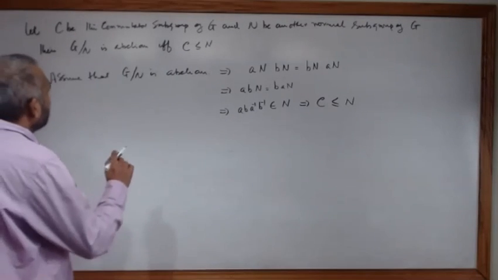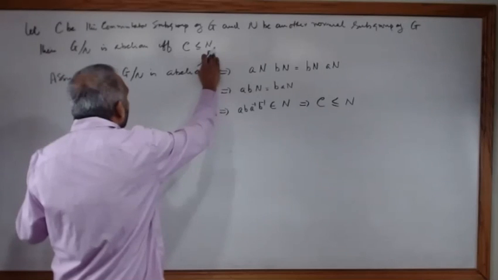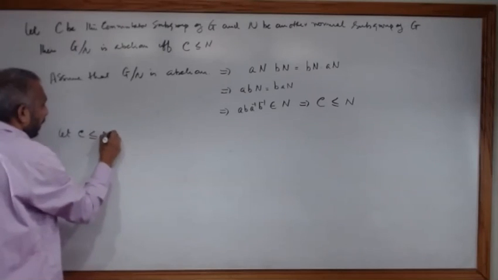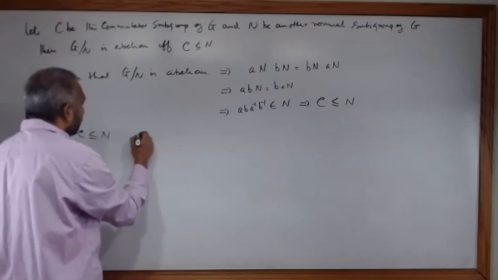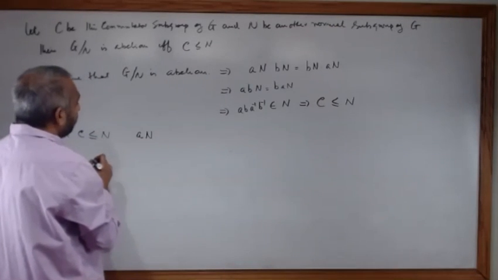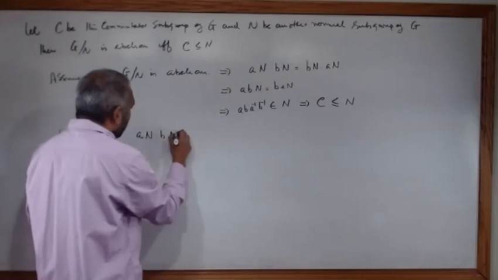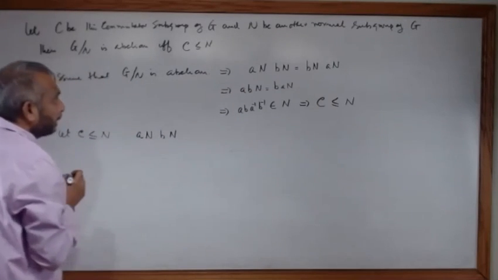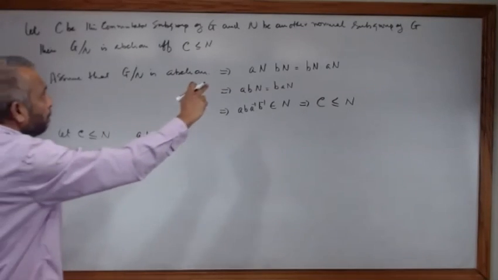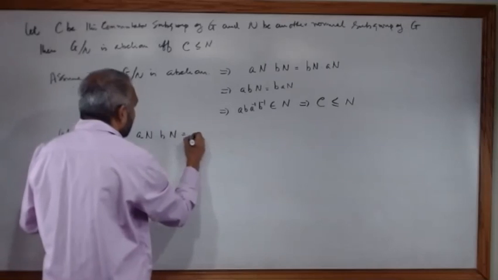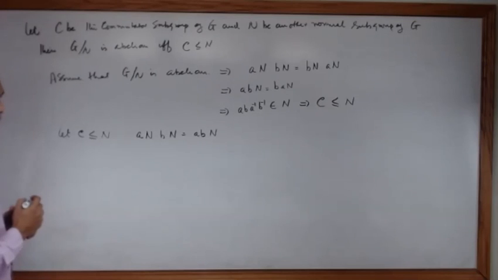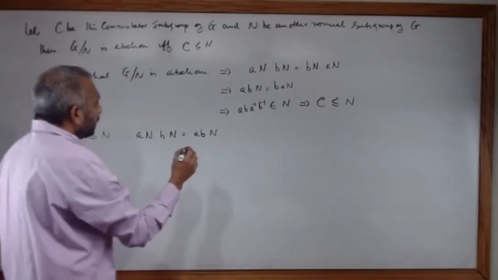Now we need to show that if C is a subgroup of N, then G over N is abelian. So let C be a subgroup of N. We need to show that A times N times B times N is equal to B times N times A times N. And this is actually ABN.